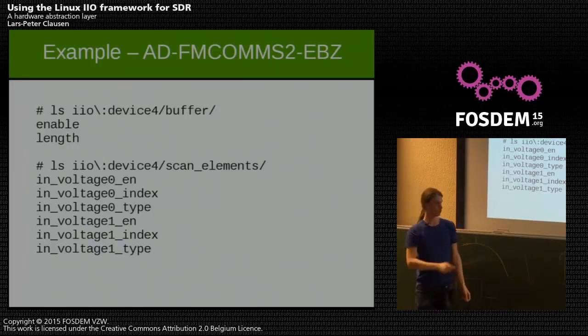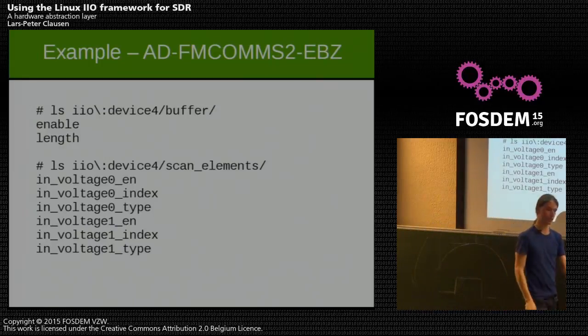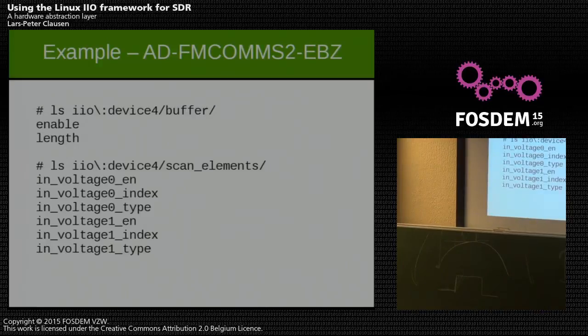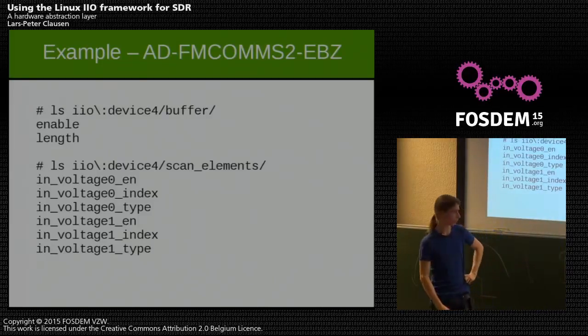And there's also the type attribute, which contains, as said earlier, information about the layout of the channel in the buffer, like the storage size, how many bits it will take up, how many significant bits it has, whether it's shifted, whether there are non-significant bits at the bottom, whether it's little endian or big endian, and these kinds of things. So you can use this to reconstruct the buffer layout and don't have to know about the specific chip that's going to send the data.